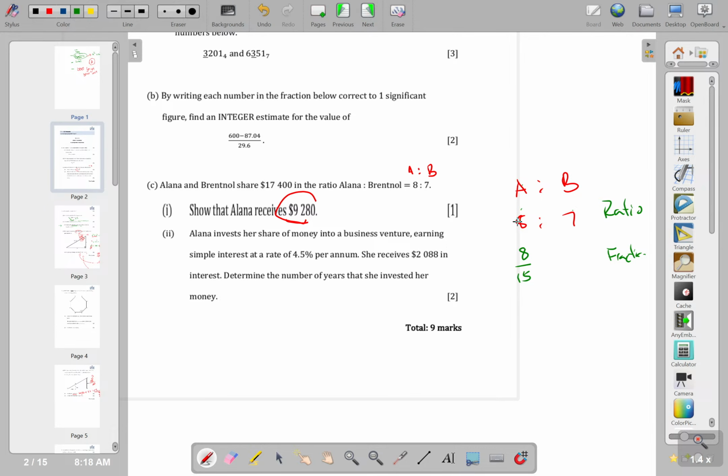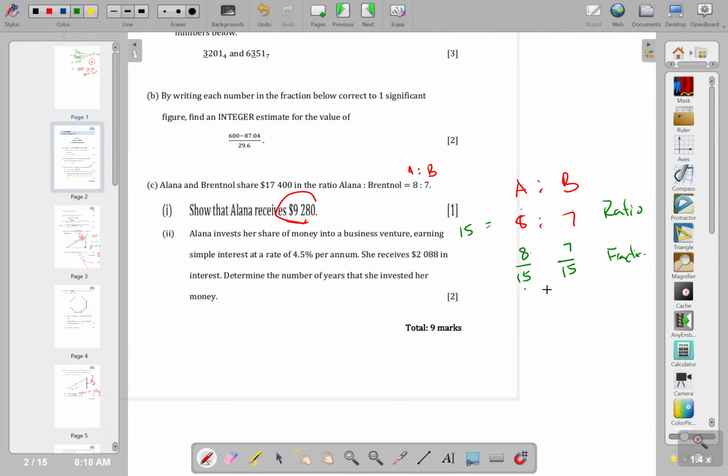I'm going to add both of them. The 15 is the total of Alana and Brenton, a total of both of them. So how much is Alana's portion out of the 15? 8 out of the 15, just like probability, which we're going to see later on today. Then Brenton's is going to be 7 over 15.